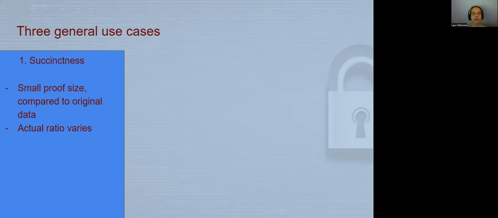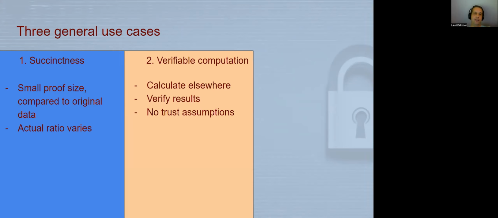You might have 10 gigabytes of data, but from that you generate only a small proof that you can send somewhere. The actual size of the proofs depends on the zero knowledge technology used. It can be static, so it's always the same size, or maybe it's some ratio compared to the original data. It depends.